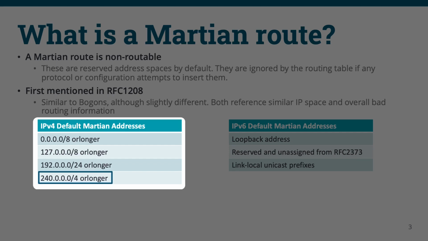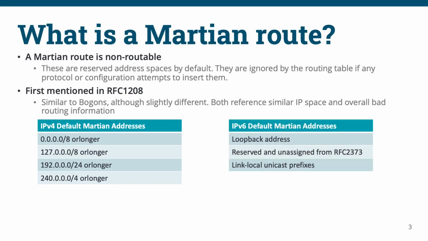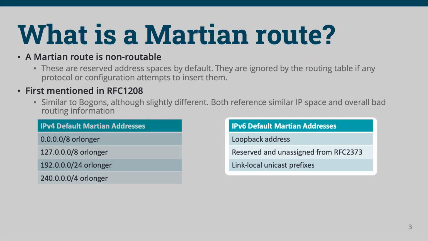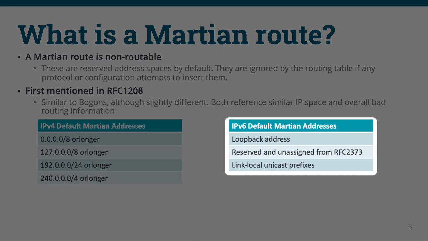The 240.0.0.0/4 space is simply reserved, with the exception of the broadcast address 255.255.255.255. Although we've mostly discussed IPv4 Martian addresses, IPv6 Martian address spaces also exist and are shown in the table here.